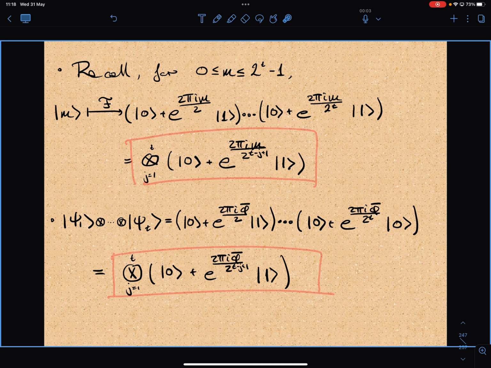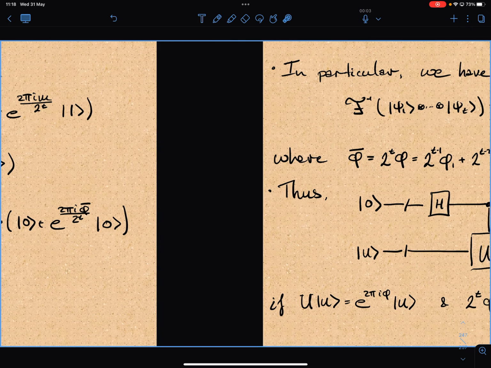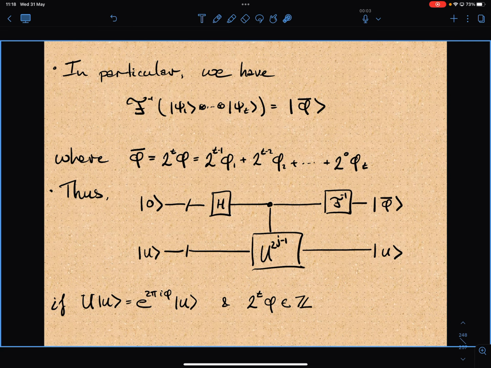So it's the same definition as the Fourier transform, and the only thing that we need to do is substitute phi bar for m. And so that means that if we take the inverse Fourier transform of this state, then we're going to obtain phi bar.